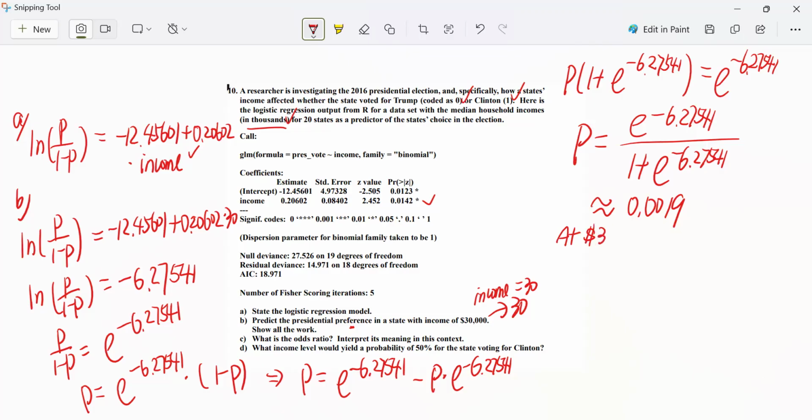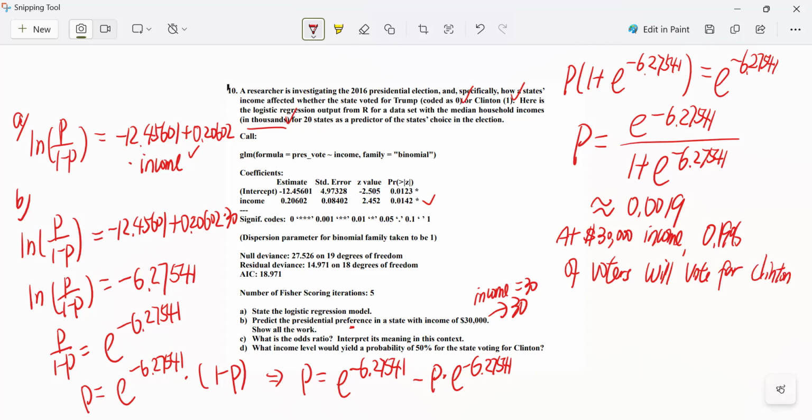At the 30,000 income level, only 0.19% of voters will vote for Clinton. That's basically our discovery from the logistic regression model.